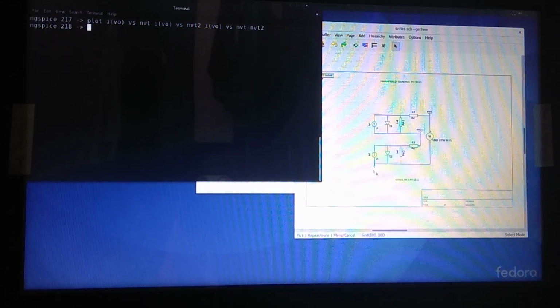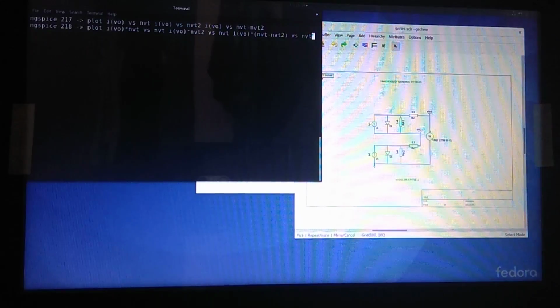Now let us plot the power versus voltage curve for the three items, which is power versus voltage for cell 1, power versus voltage for cell 2, and then for the combination. So let us say plot IV0 into NVT for the overall cell versus NVT. The current I is the same for all because they are connected in series, same for all three components.